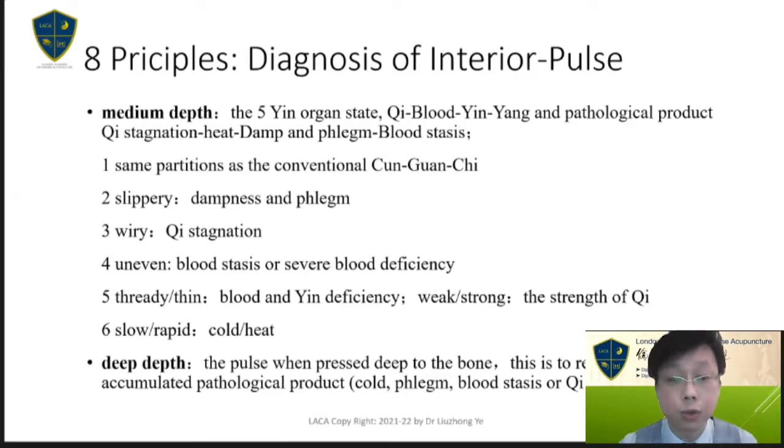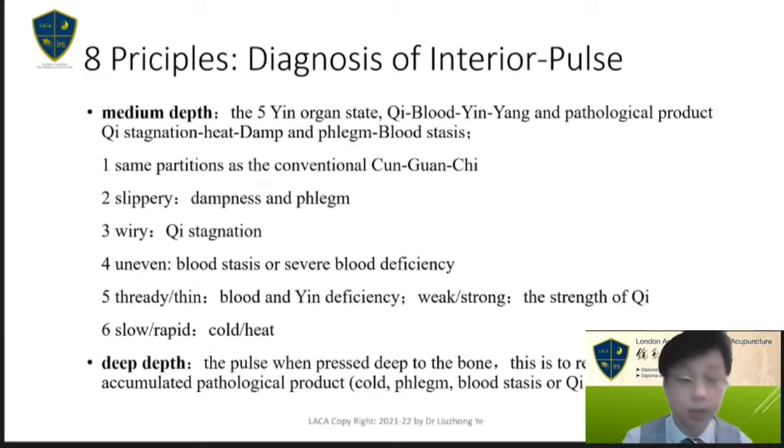But to give you the general brief idea, the organ partition on the pulse reading is felt in the middle level of your pulse reading. Apart from those organ allocations, it also feels the shape and the strength of the pulse, and gives you different differentiations and analysis.